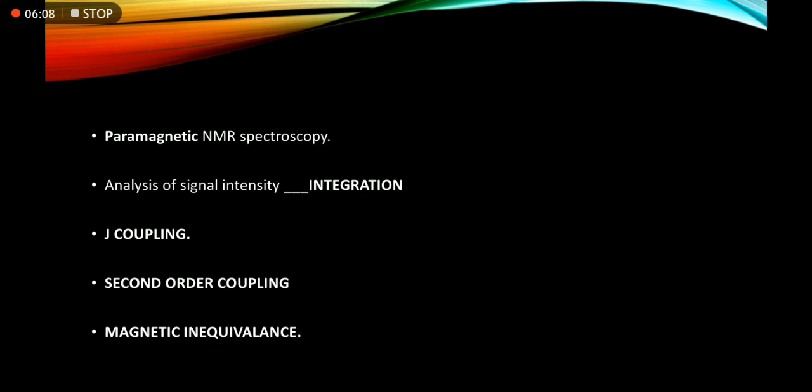The next point is about the analysis of the signal intensity, which under conditions of optimal relaxation correlates with the number of protons of that type. Analysis of the signal is by integration, the mathematical process that calculates the area under a curve.